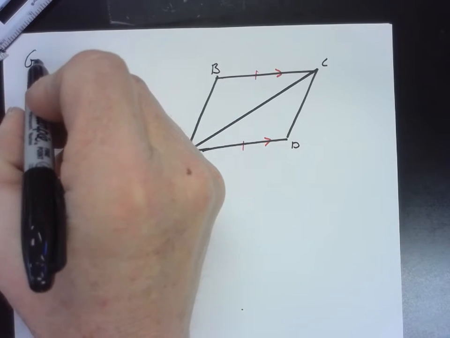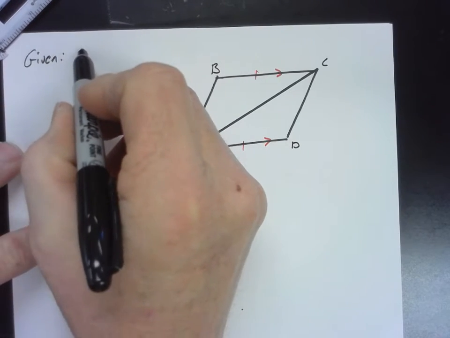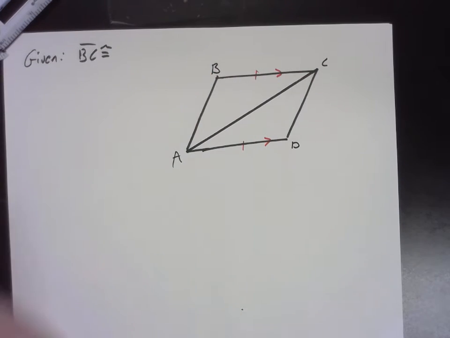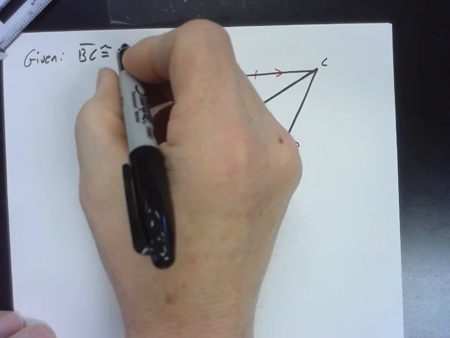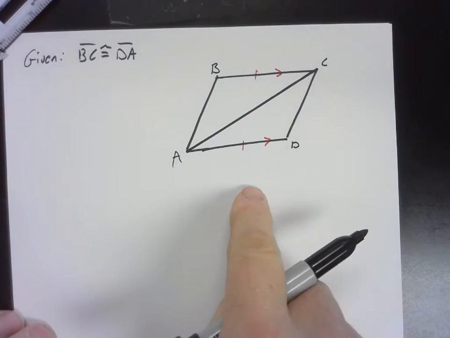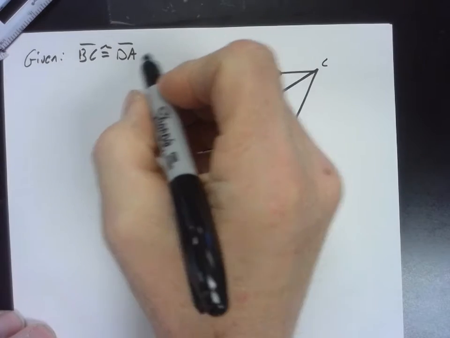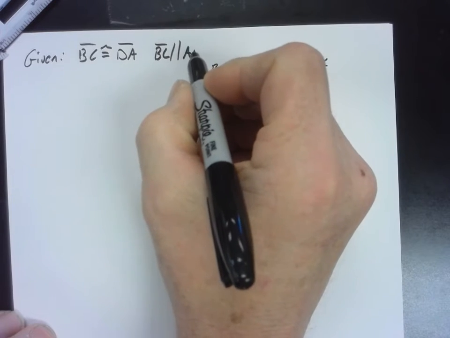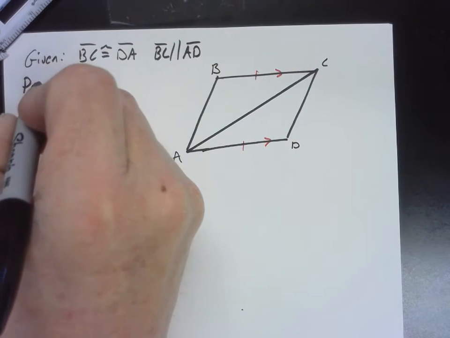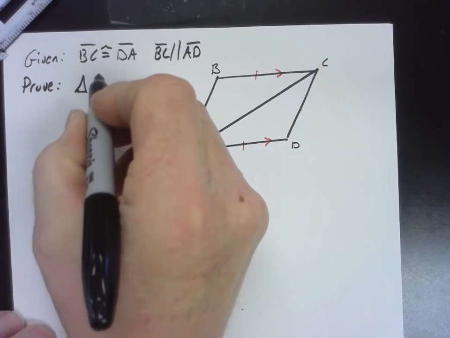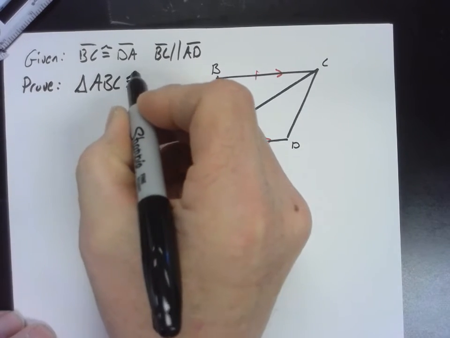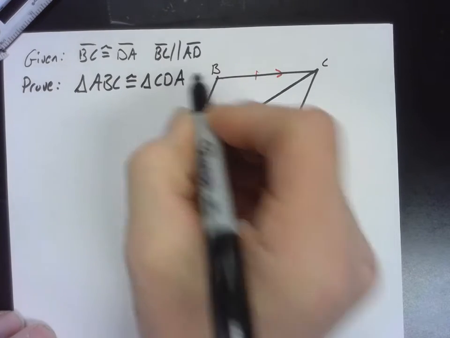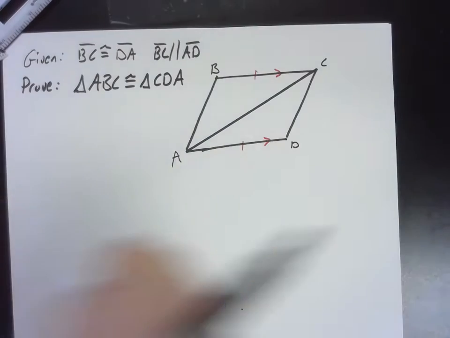Given, notice that's marked in the picture, right? And then also, parallel to AD. Prove triangle ABC is congruent to triangle CDA. So you can see our two triangles here that we're trying to prove are congruent.